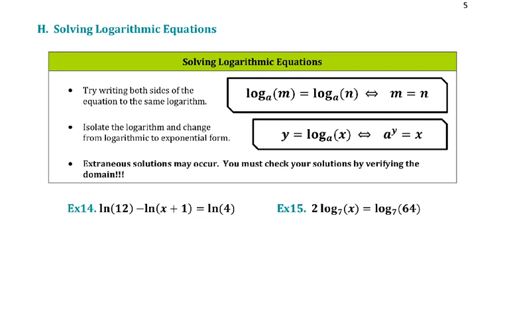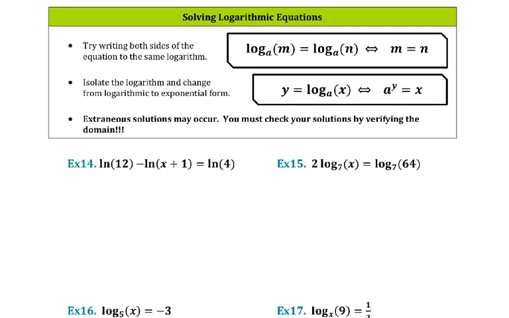All right, so in these first examples, 14 and 15, we're going to be able to write them as one log equal to one log. So on the left side of my equation in example 14, because I have that minus in between the two logarithms, I can condense them and write them as one log.